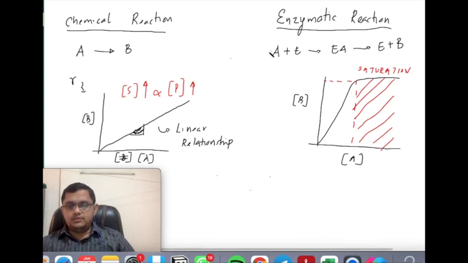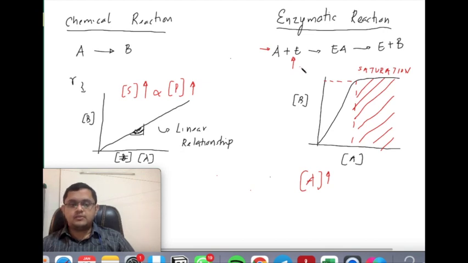According to this experiment, even though I am increasing the substrate concentration, there is no further increase in the enzyme concentration. Whatever enzyme you have added in the very beginning of the experiment stays constant. As you know, enzymes are reusable, so once the reaction is done, the same enzyme is used again.